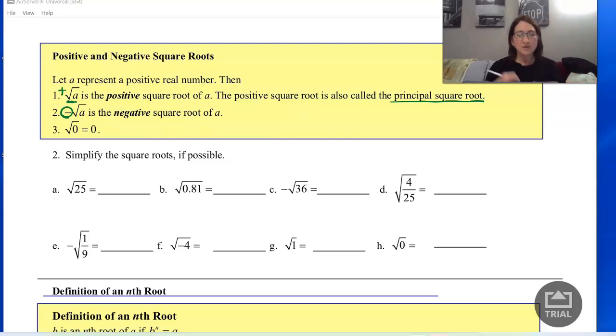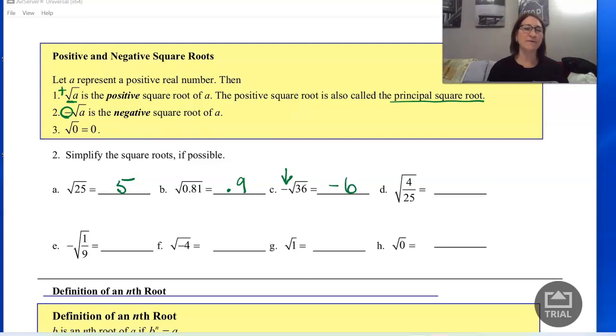All right. So if I'm looking for the square root of 25, then that is going to be 5. The square root of 0.81 is 0.9. Now, because there is a negative in front of that square root of 36, that means I'm looking for the negative root. It would be a negative 6.